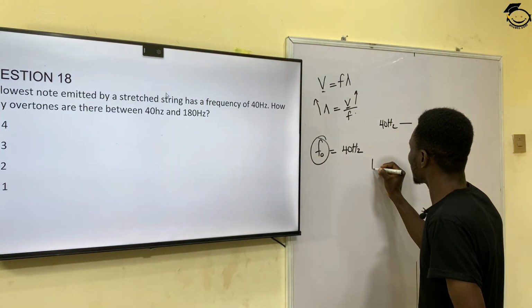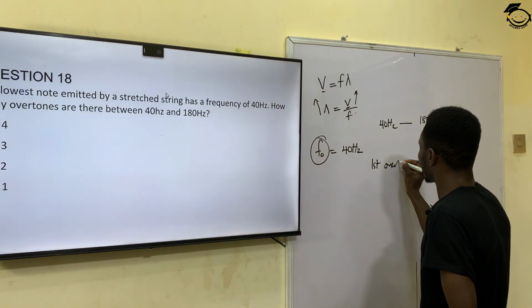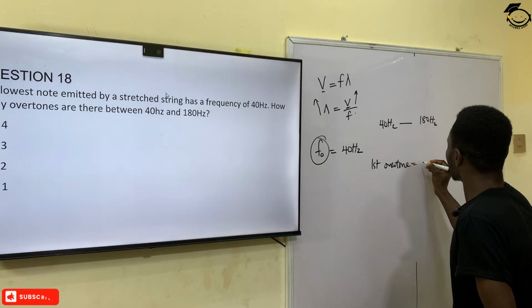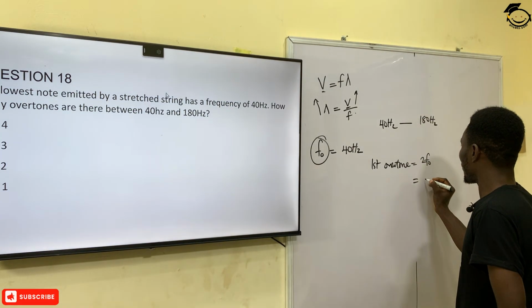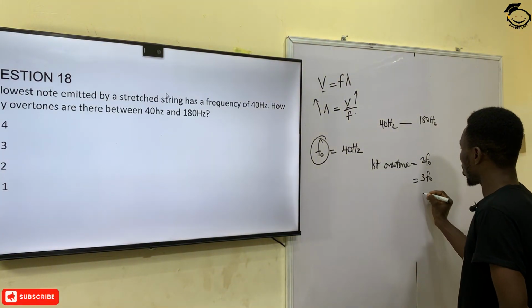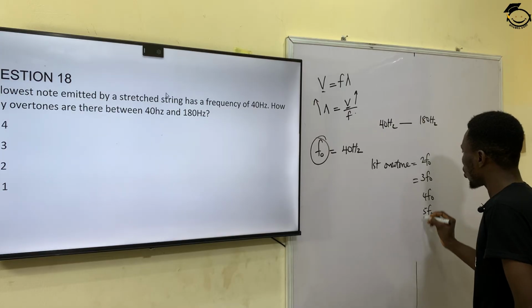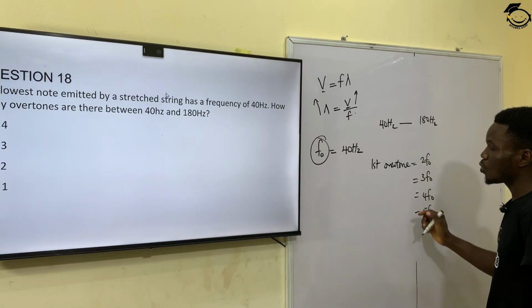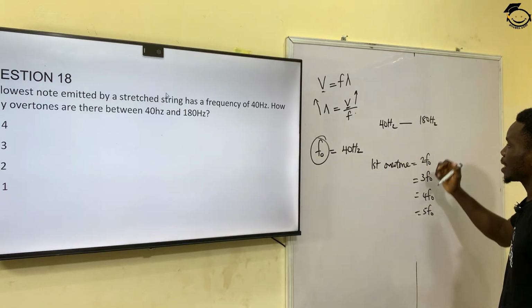So the first overtone is going to give us 2f0, which is twice the fundamental frequency. The second overtone is 3f0. The third overtone is 4f0. The fourth overtone is 5f0. So they're asking us how many of these overtones am I going to be seeing between these 40 Hz and 180 Hz.